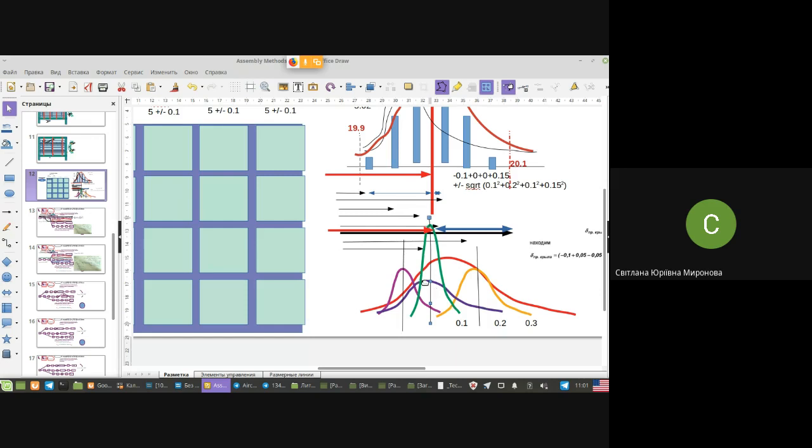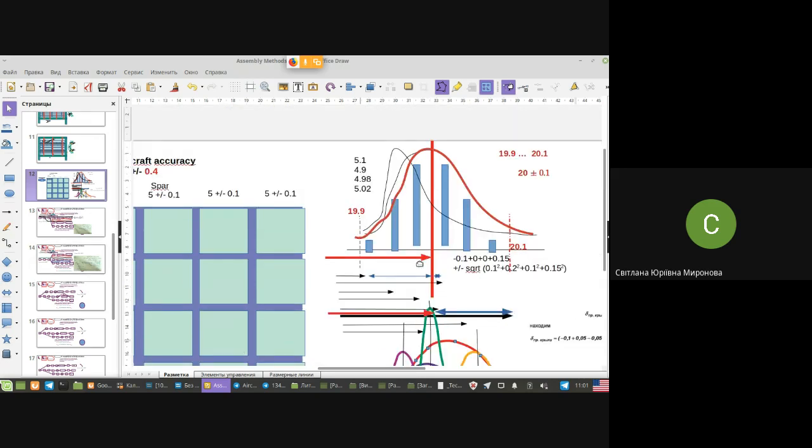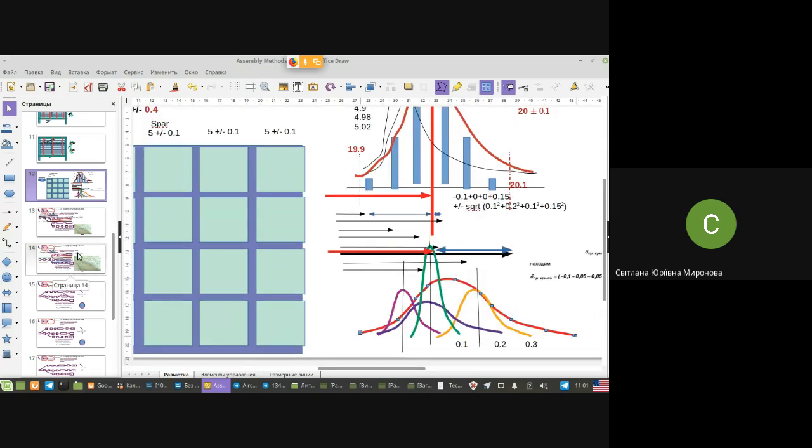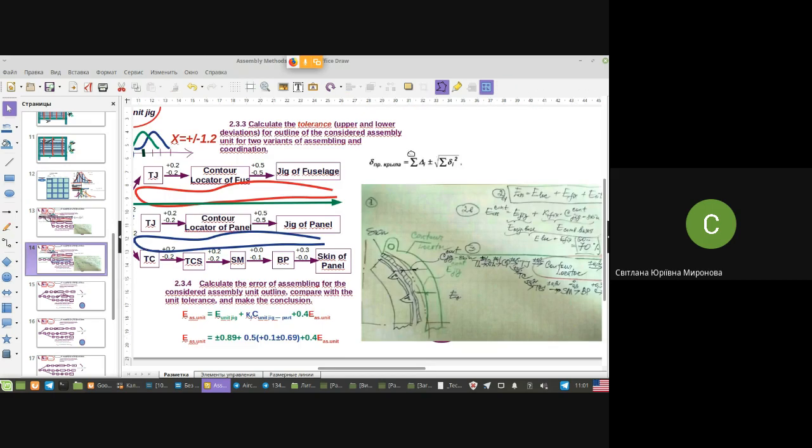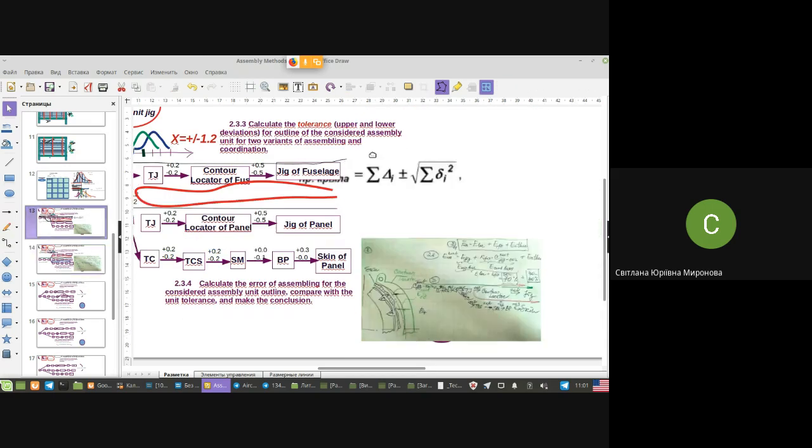How to understand where the final curve will be? What is the final curve? How to understand it, you have already seen. First, according to the formula that we have seen, we are trying to summarize all the middles, all the coordinates of the middles of fields.